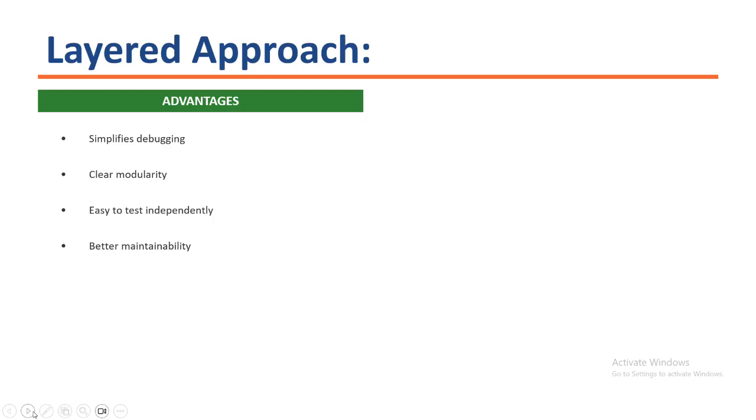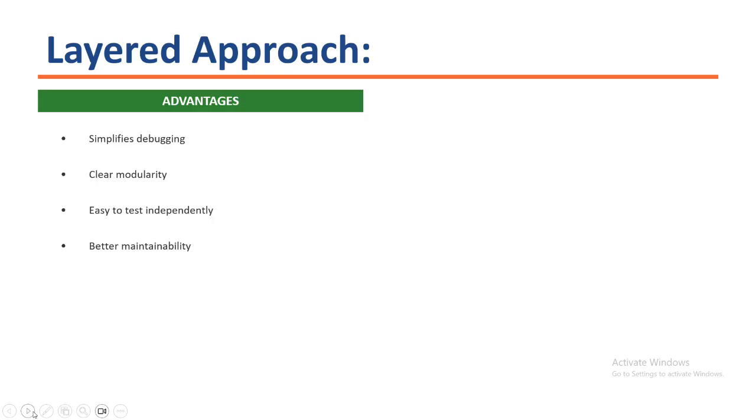Each piece has its own clear job, so the whole system is more organized. Third one is easy to test independently. We can test each layer on its own, one at a time, without needing the whole OS to be finished. This makes finding bugs much easier.